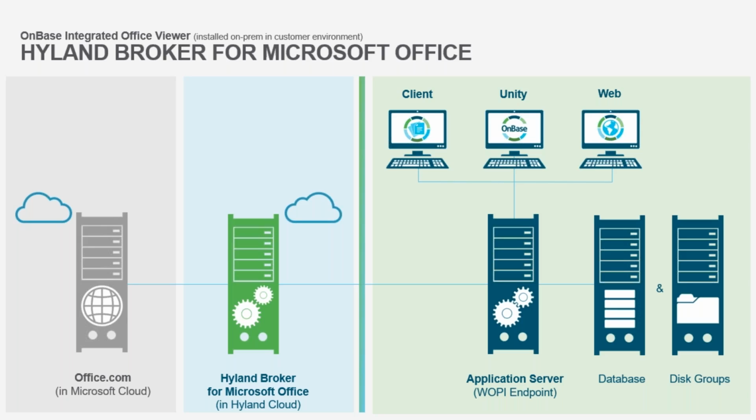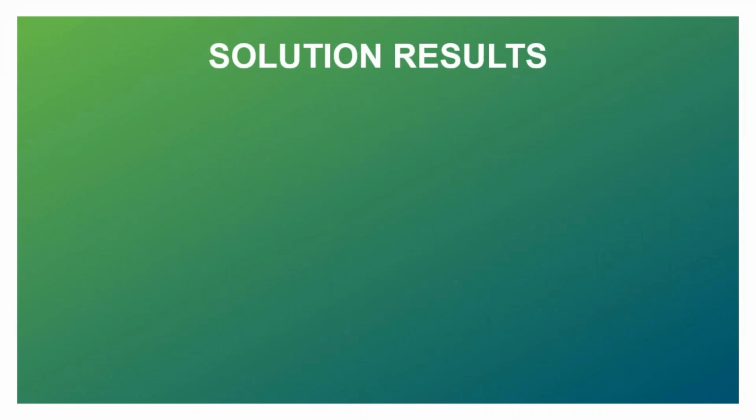That microservice is then connecting to office.com to serve the document in that Office viewer. So right there in the Hyland cloud, even if you are an on-prem customer, is this microservice that we provide called the Hyland broker that will actually make that connection to office.com.